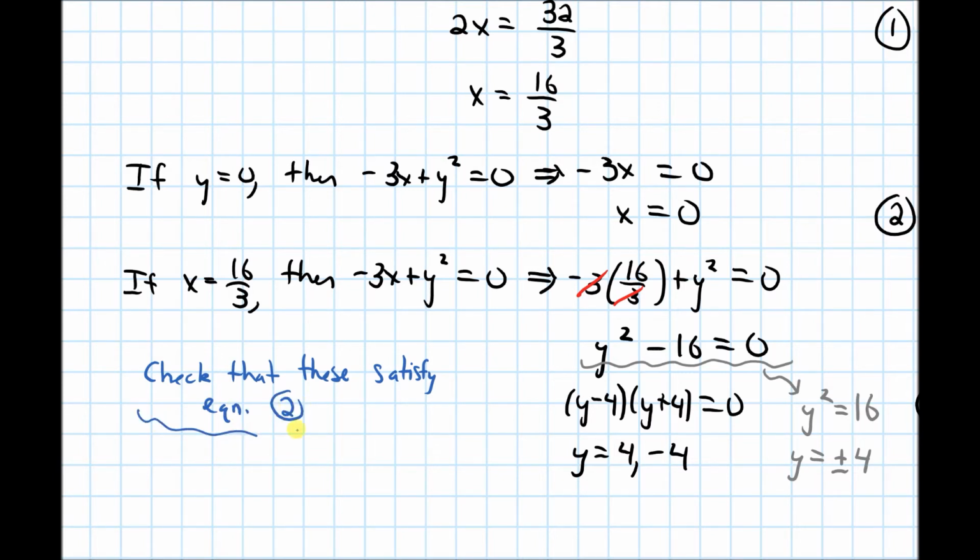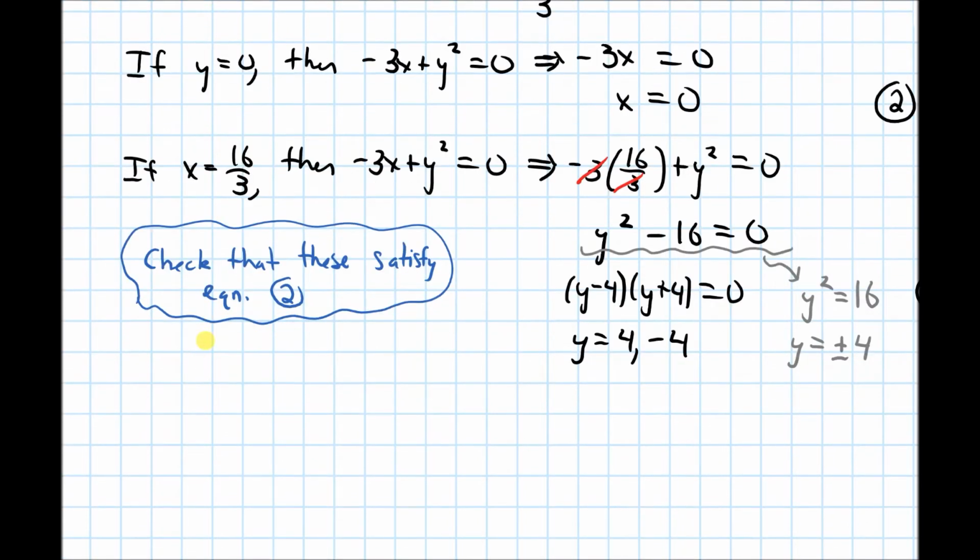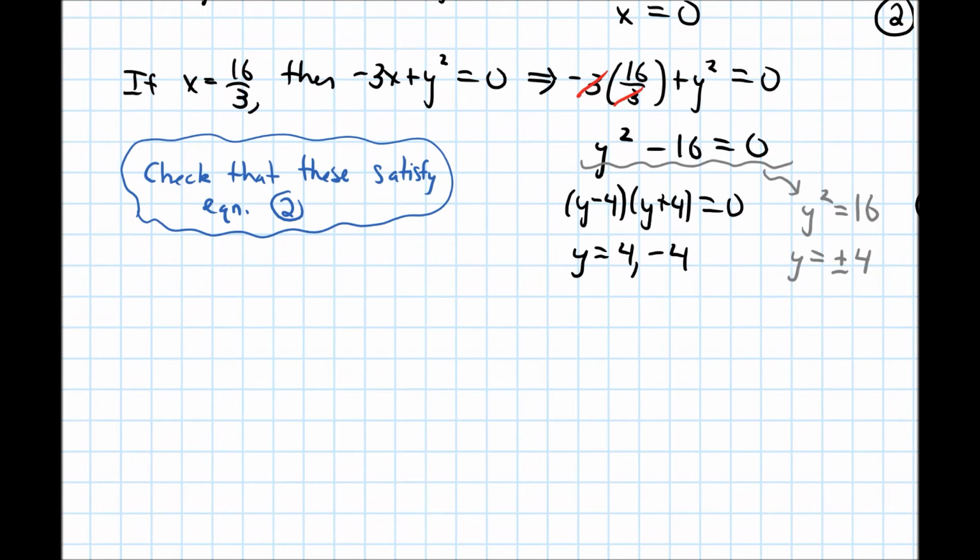So I'm just going to put this in a little bubble and leave that for you to just convince yourself that they do satisfy that second equation. If some of these points had not satisfied the second equation, then they would be extraneous. The points have to satisfy both of the equations to actually be critical points. All right, so we are ready to write down our critical points. So our critical points.